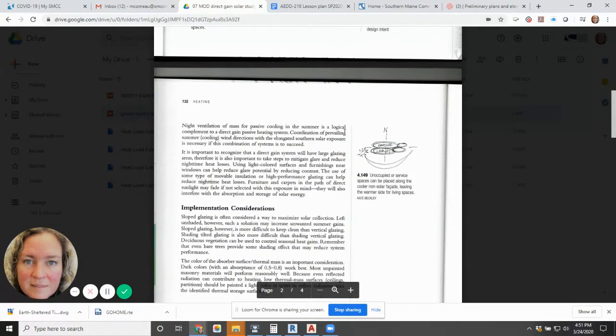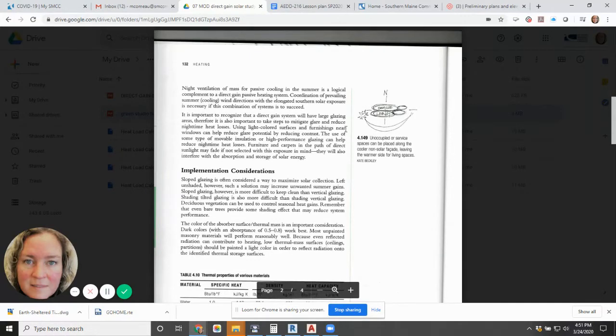So the chapter covers some of the things to be considered, and certainly this relates directly to the direction your south side walls are facing. Those are the walls that need to have the solar apertures.